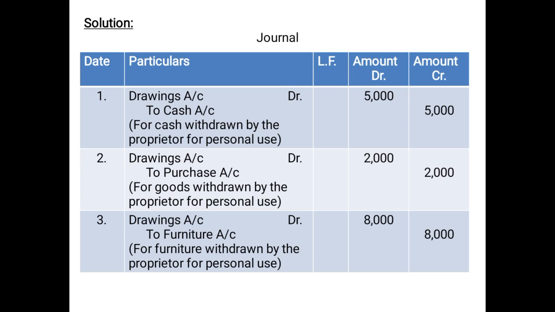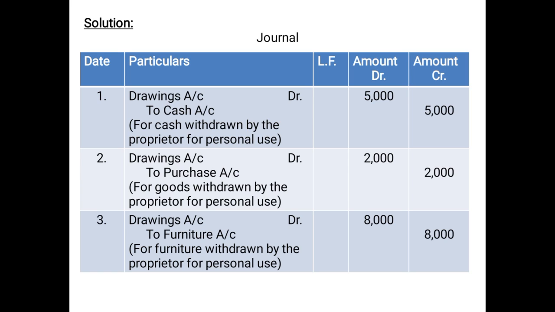And the third one, drawings account debited to furniture account 8000 respectively for furniture withdrawn by the proprietor for personal use. And again the same thing, I would like to remind you, be very particular with the format, with the labeling of the columns, with the word journal at the top of the format, and the narration.